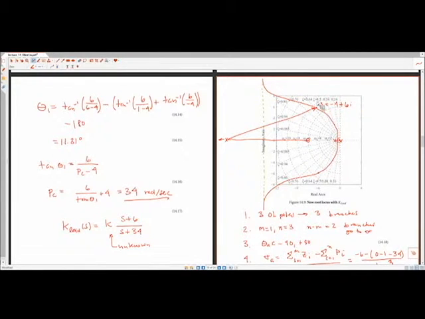If I draw a set of vectors running to this point, I'll label these in sequence: R1, R2, R3, R4.